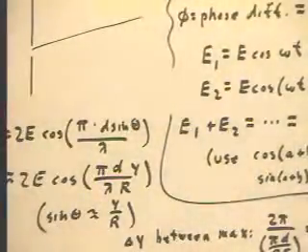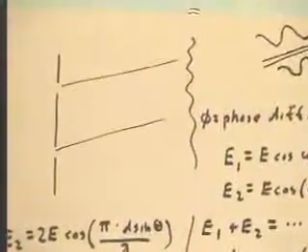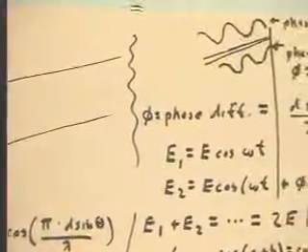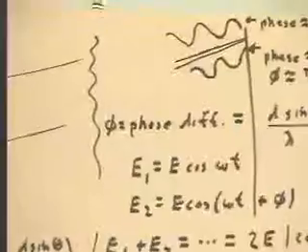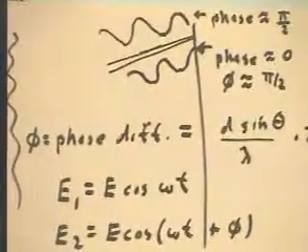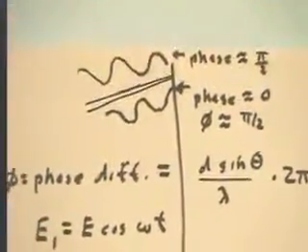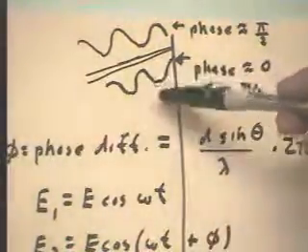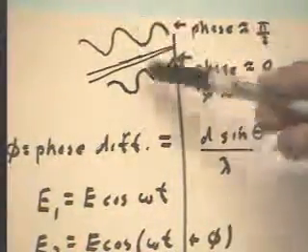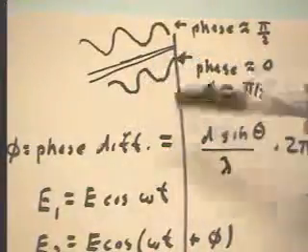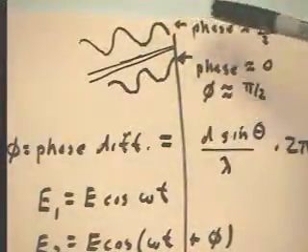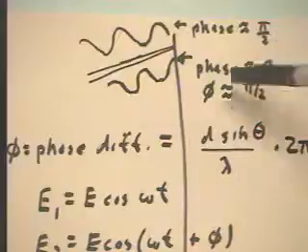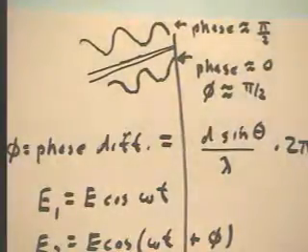If we look at the waves that end up converging at a point here, you remember that this wave is lagging this wave by whatever the path difference is, by d sine theta. Now that might amount to this one being at a phase of pi over 2 and this is at a phase of 0.